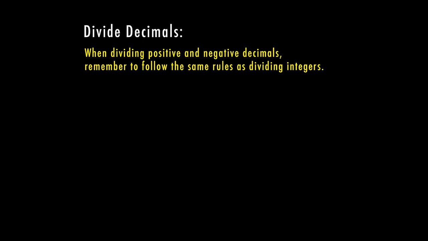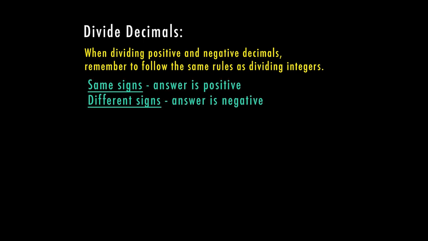So when we're dividing positive and negative decimals, we need to remember to follow the same rules as dividing integers. So let's go ahead and review those rules really quickly. And these are going to be the same rules as when we multiplied integers. So if you remember, when we have the same sign, so if they're both positive or they're both negative, we're going to end up with a positive answer.